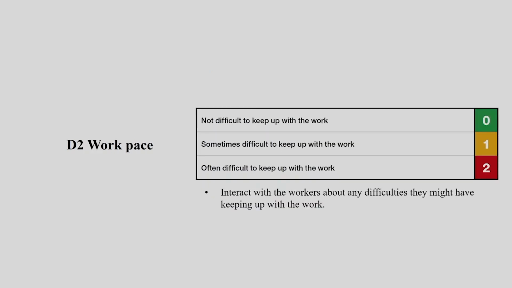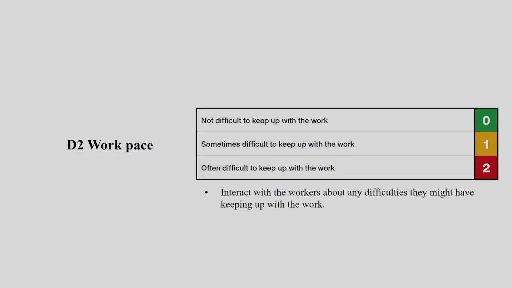Now these are all other factors. You considered the break. Now you are talking about the work pace, at what pace you are working. Not difficult to keep up with the work, so 0. Sometimes difficult to keep up with the work, then it is 1, and often difficult to keep up with the work, then it is 2.